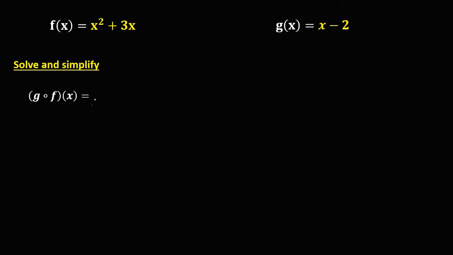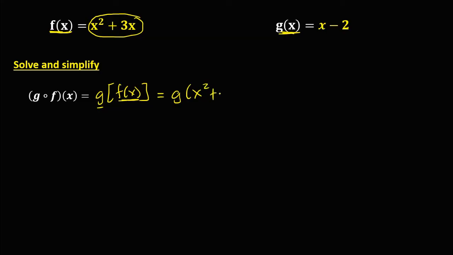Then for this given, we can write this one as g of f of x. Since g of f of x, from g of x, your x is equal to f of x. Since f of x is equal to x squared plus 3x, we can rewrite this one as g of x squared plus 3x.